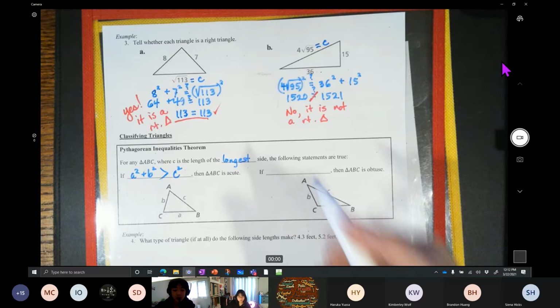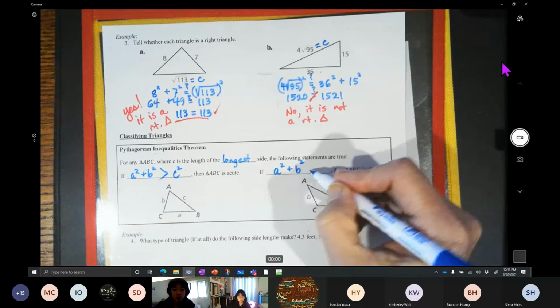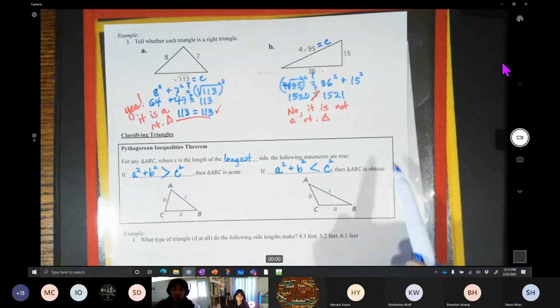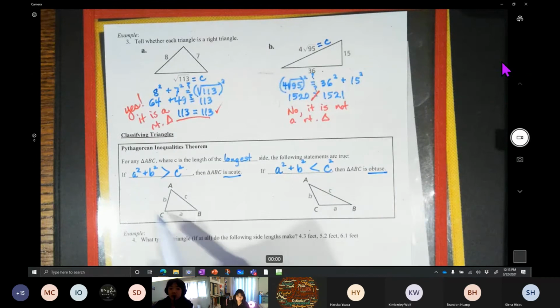However, if a squared plus b squared is less than c squared, that means this is going to be a really small one, and that means that this is obtuse. So this will give you an acute angle, this will give you an obtuse angle. So what we'll do is we'll do one of each, but you're just using the Pythagorean theorem.